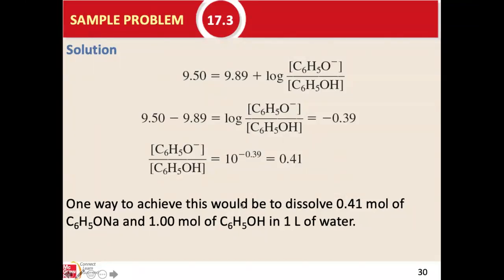So one way to achieve this will be to take 0.41 mole of the salt of that in 1 mole of the phenol, and then you can achieve the ratio between them, the ratio of the conjugate base to the acid. Okay.